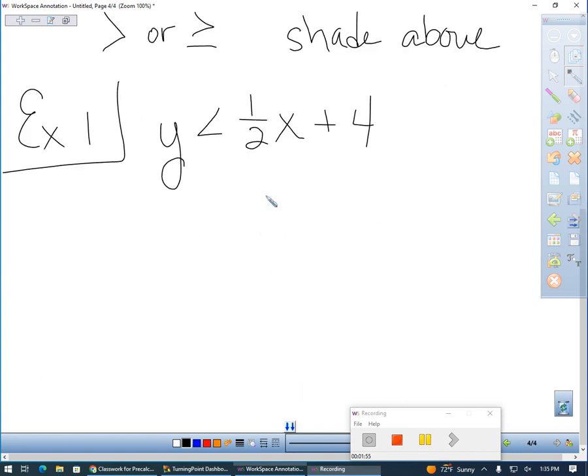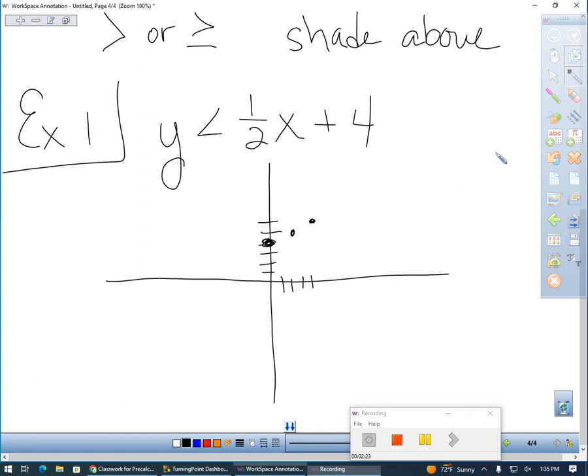So we are going to graph this just like we normally would if that was an equal sign there. We would start by graphing this starting at the point (0, 4) on the y-axis. So I would start here.